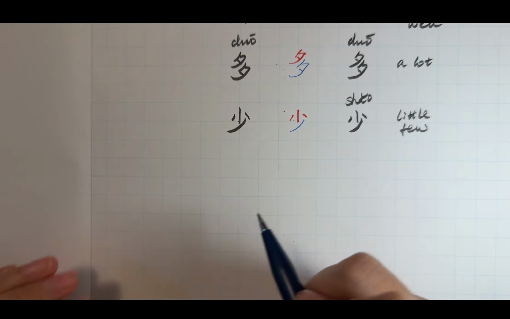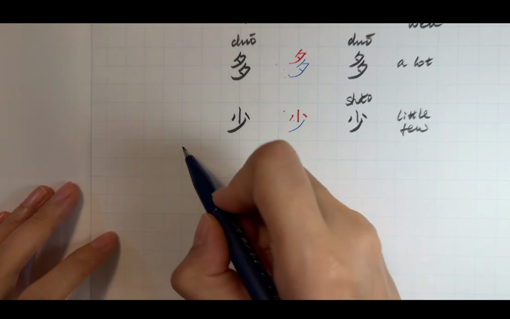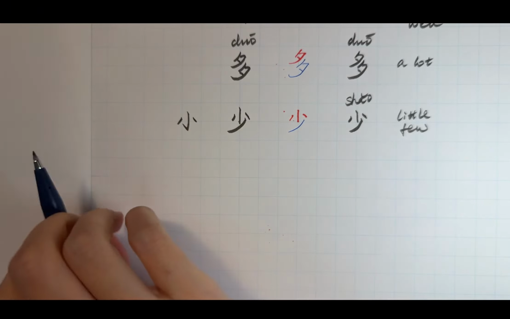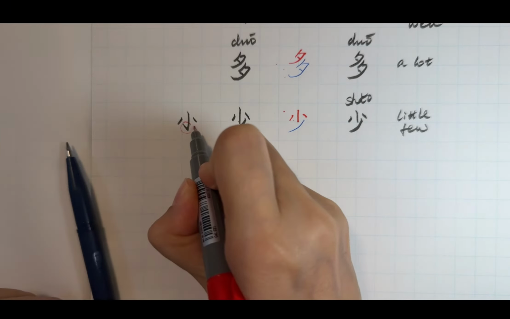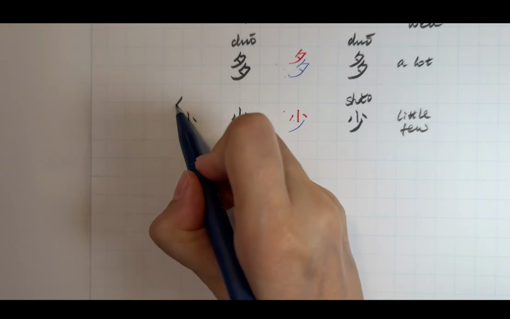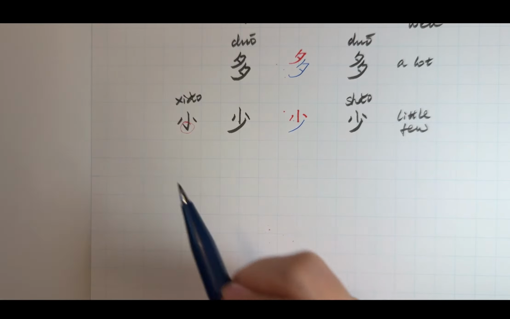Just a quick revision. Just now our 小, how to write 小? It's like this, with the 勾 in this part. So this is 小. It's different from the 少.